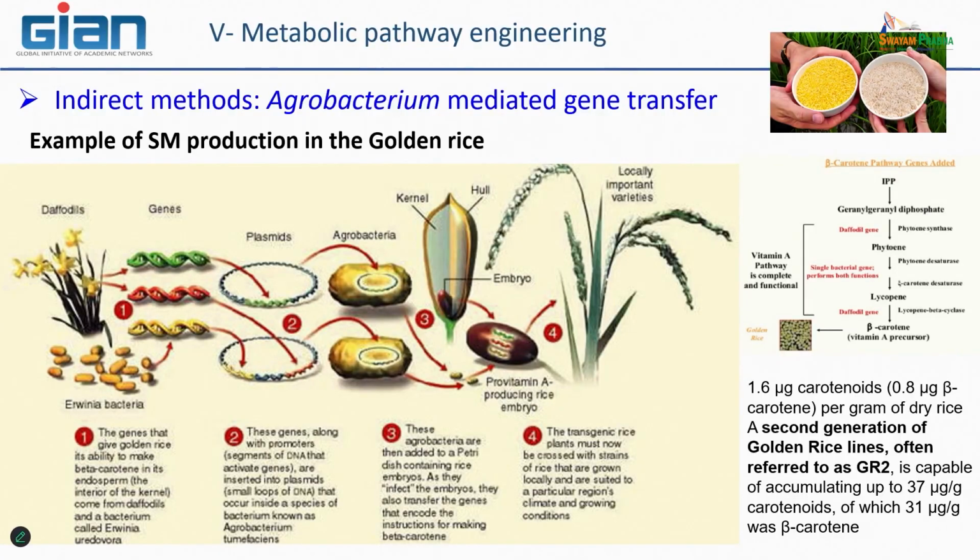So what they have done: they first made a recombinant plasmid including the two genes from the daffodil, and another plasmid including the gene originating from the bacteria. They made two recombinant agrobacteria that include the genes in the T-DNA parts, as I have shown you.